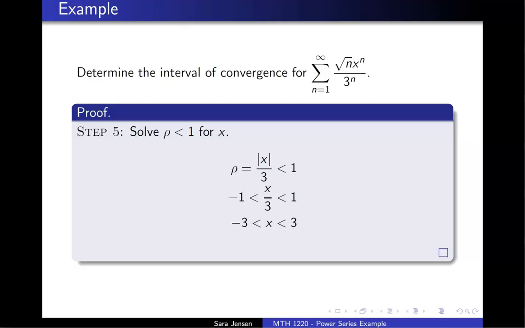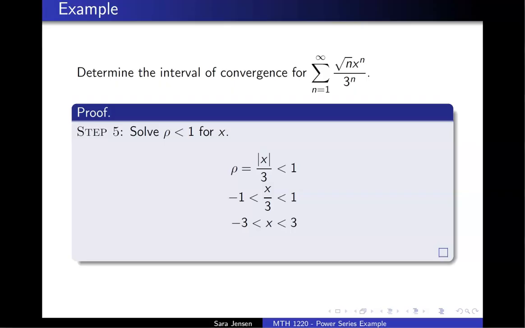If we set up our inequality, rho is less than 1, substituting in the absolute value of x over 3 for rho, we can remove the absolute value sign by sandwiching the internal value x over 3 between negative 1 and 1, or more generally, if there were an a here, we would remove the absolute value signs by substituting this in between negative a and a. We clear the denominator, multiplying all parts of the inequality by 3 to obtain our final inequality.